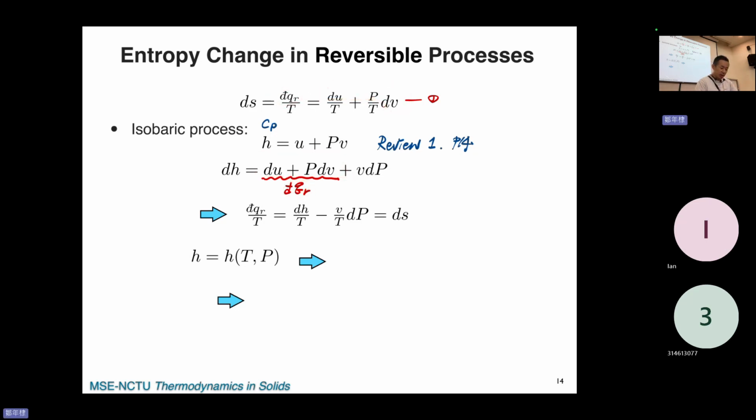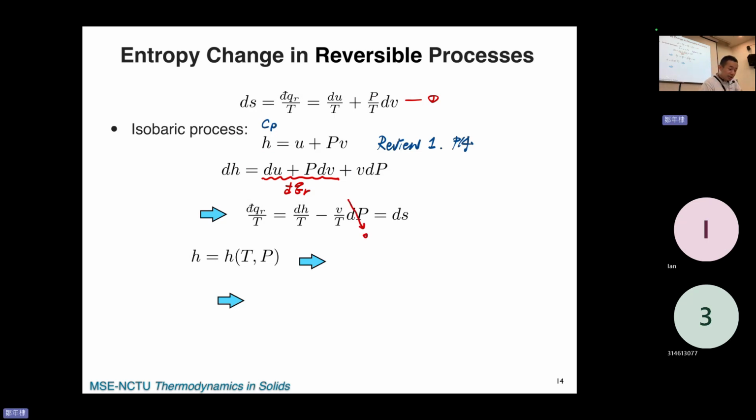Okay, very similar. So we can combine equation 1 with these things, and then we notice that it is an isobaric process. Isobaric process means dP equals 0.